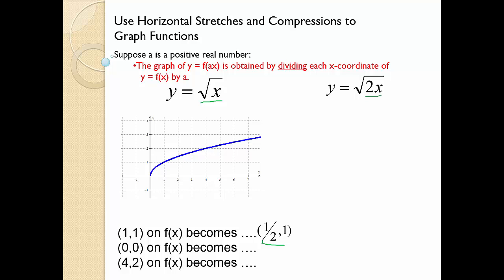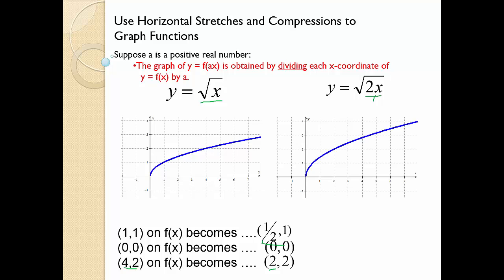The square root of 1 is 1. 2 times 0 is still 0. It doesn't affect that one. And on this point, (4, 2): if I stick a 2 up here, 2 times 2 is 4. Square root of 4 is 2. So that is how you get the compression from the 2, and it graphs like that.